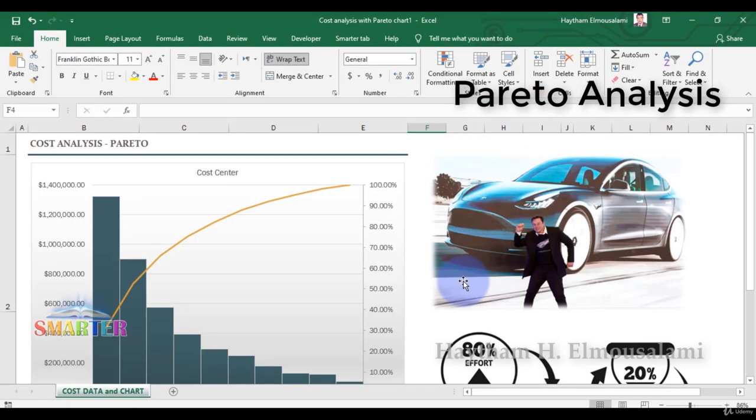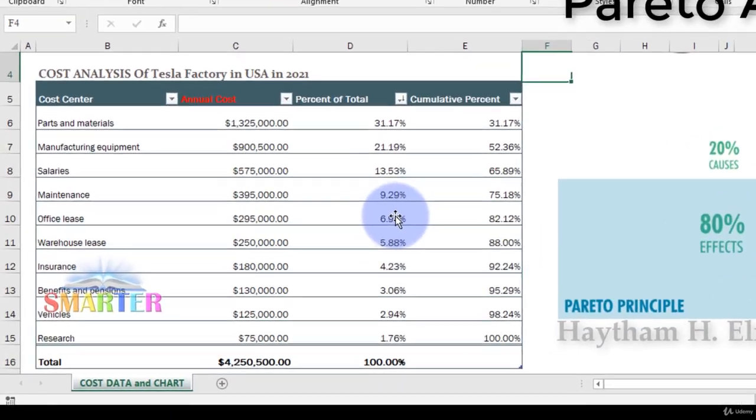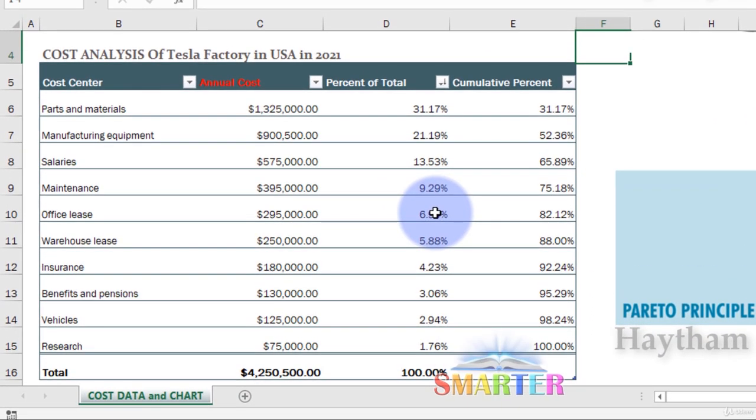Okay, let's take a practical example from Microsoft Excel. Here is one example of cost analysis with a Pareto chart: the cost analysis of a Tesla factory in the USA in 2021.